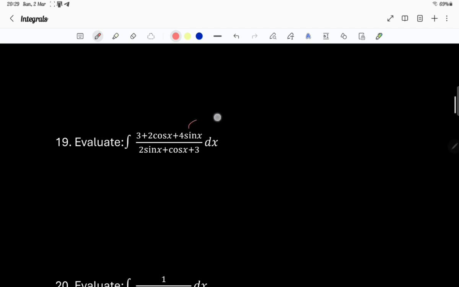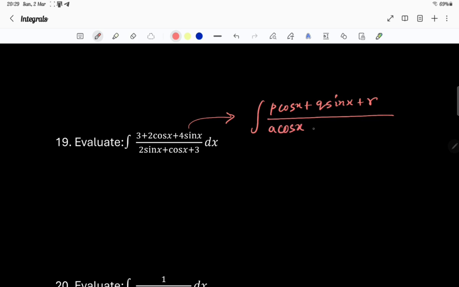Achha. This is the same type of question which I have already discussed, the integration of (p cos x plus q sin x plus r). This is very important because this type of question is coming every year. So please mark it, a cos x plus b sin x plus c.